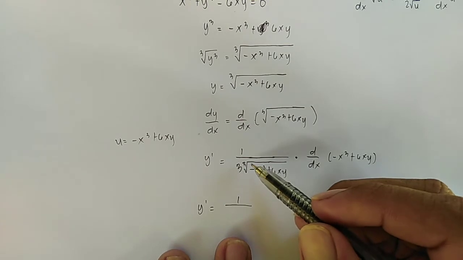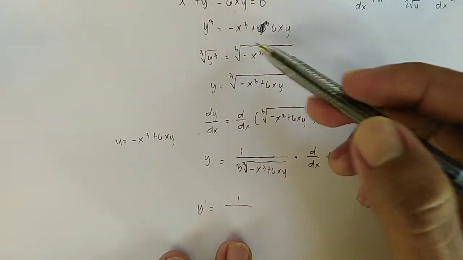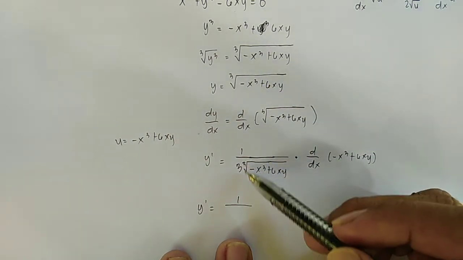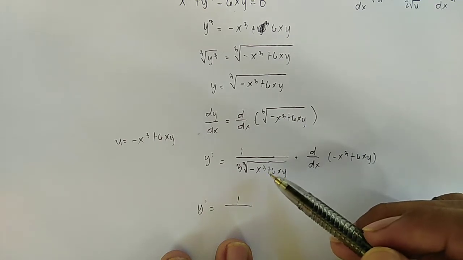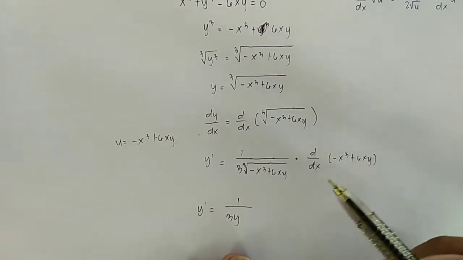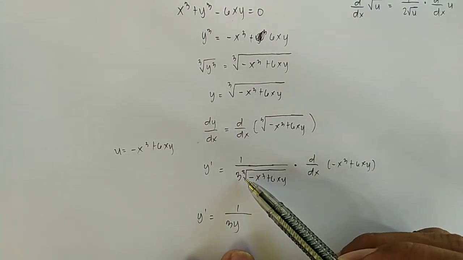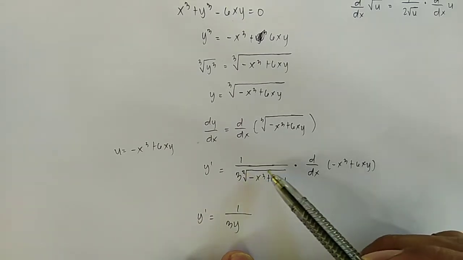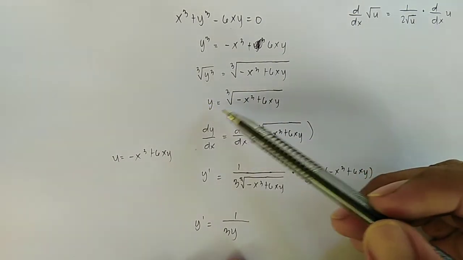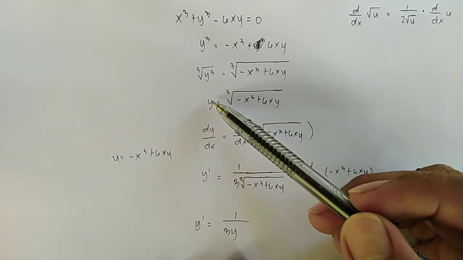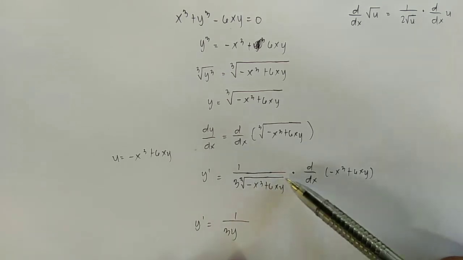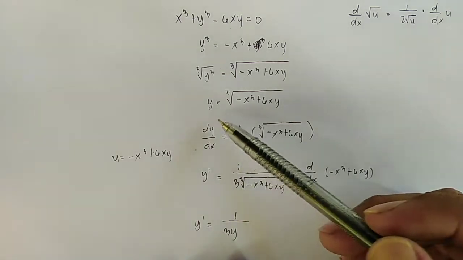If we convert this back, the entire cube root of negative x cubed plus 6xy is equal to y, since the equation states that y equals the cube root of negative x cubed plus 6xy.